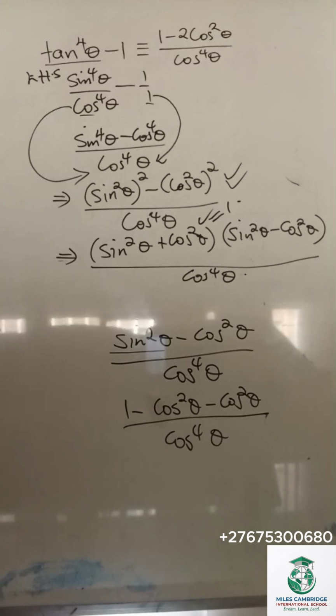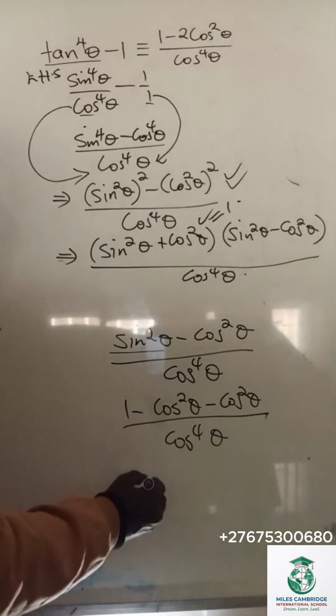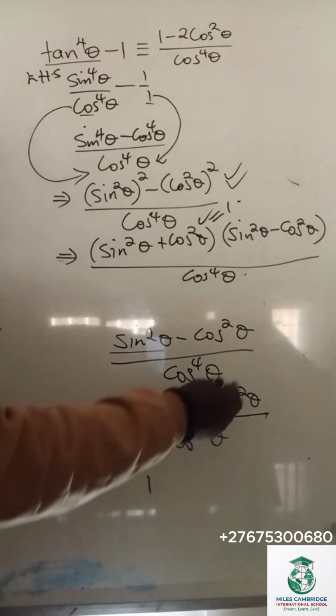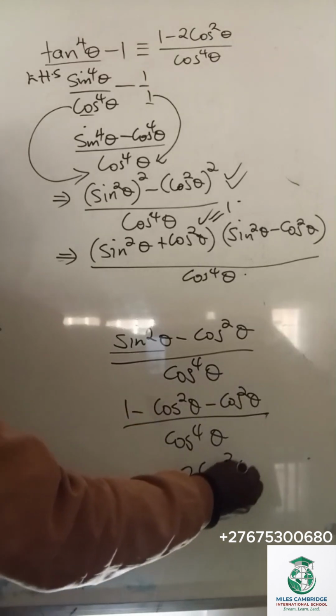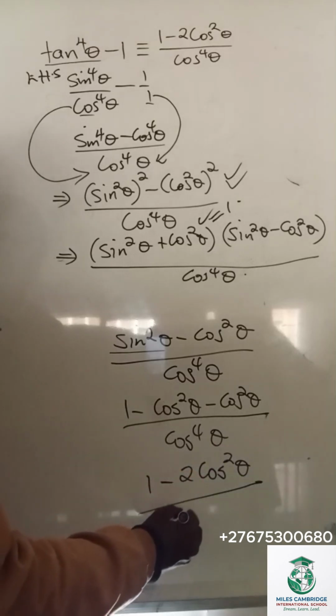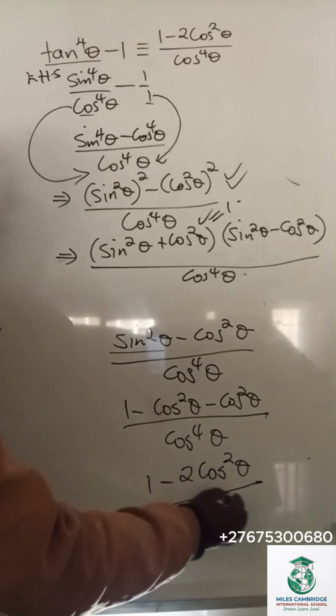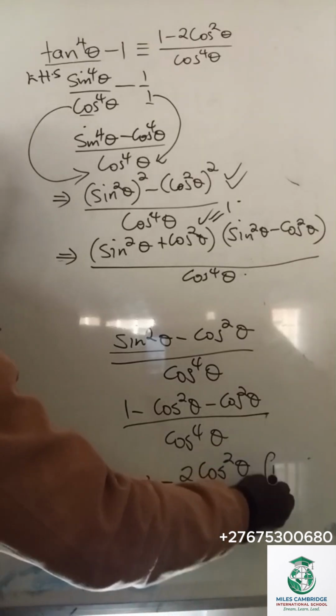Now, how do we proceed from there? 1 minus cos²θ minus cos²θ, we get 1 minus 2cos²θ over cos⁴θ. So we have proven it.